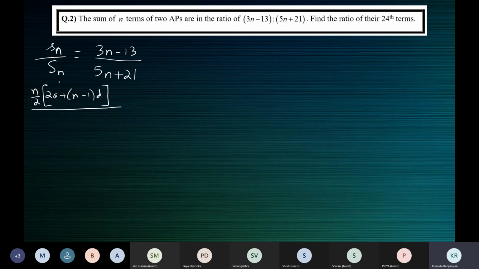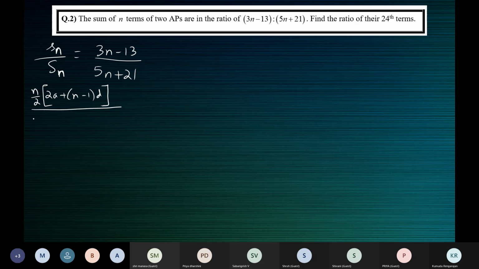Sum to n terms of two different APs, so their first term and common difference are different. But in both cases we are taking the sum to n terms. Like if we take 100 terms for the first AP, 100 terms for the second AP also. But they are two different APs, so their first terms are different and their common differences are also different.